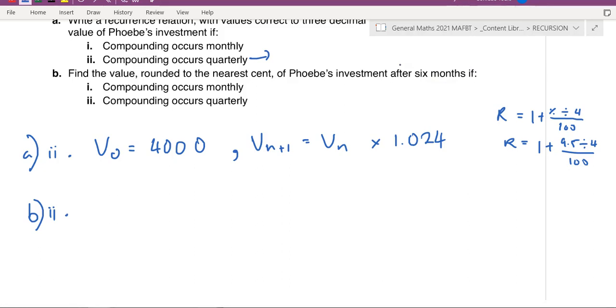So if there's 3 months, so that means if you're compounding after 6 months, how many times has it compounded? Twice. Okay, because if you're compounding quarterly and it says, oh, how much after 6 months? If 1/4 of the year is 3 months, so 2 quarters would be 6 months. So it's compounded twice. So that means we're actually looking for not V4, we're looking for V2 because it's compounded twice. Okay, you have to read the question properly because it'll pull that out on you.